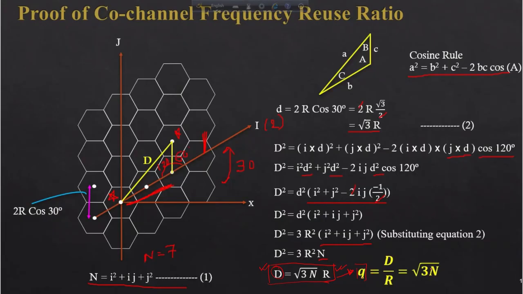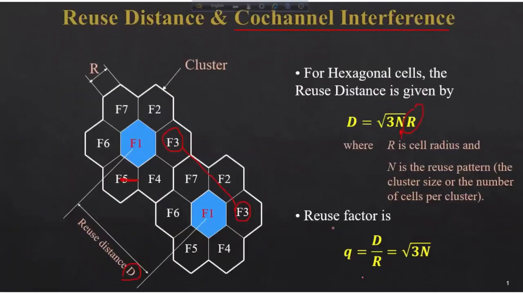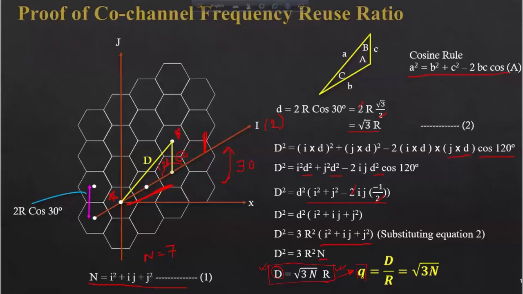Now, if you can remember the hexagonal cell geometry, just give attention to this particular figure here. I'm going to go slow so that you understand all the relations between these equations.